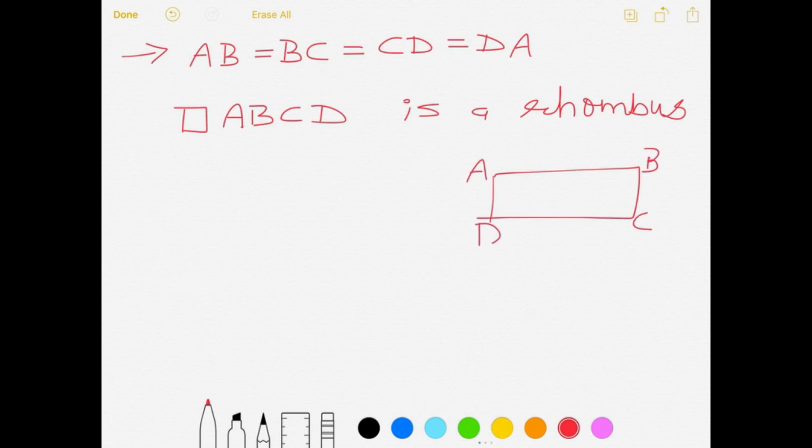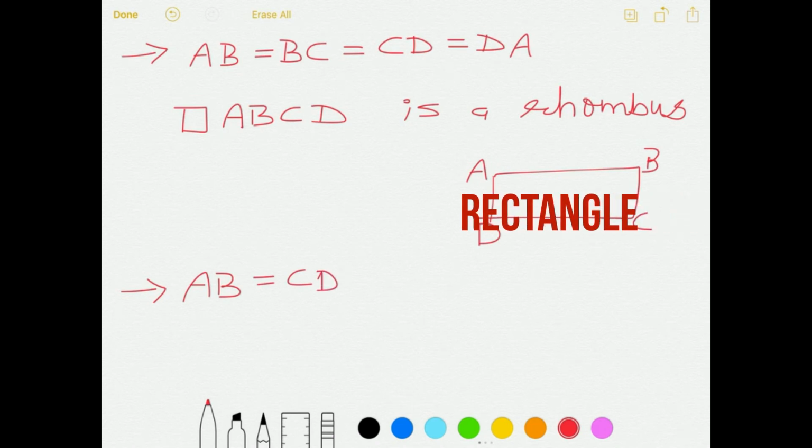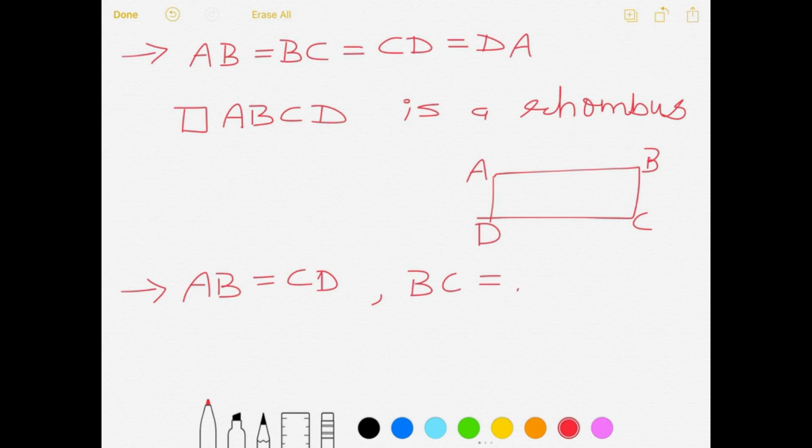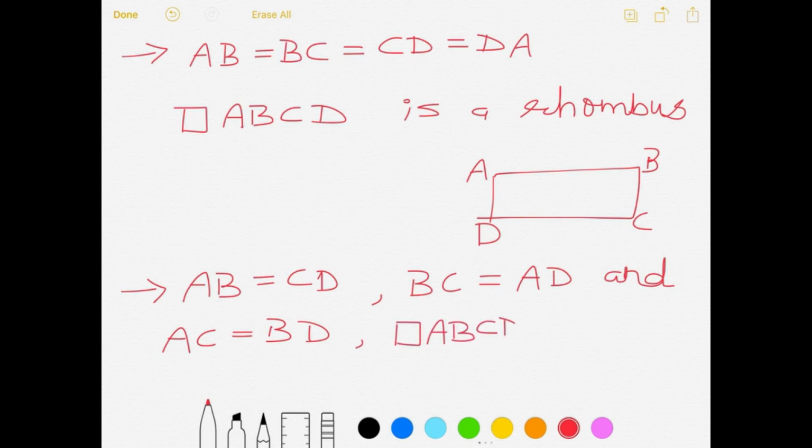This is the quadrilateral ABCD. Now the next condition, if the side AB equals the opposite side CD, if the side BC is equal to the opposite side AD, as well as the diagonals are also equal, AC equals BD, then that quadrilateral ABCD is a rectangle.